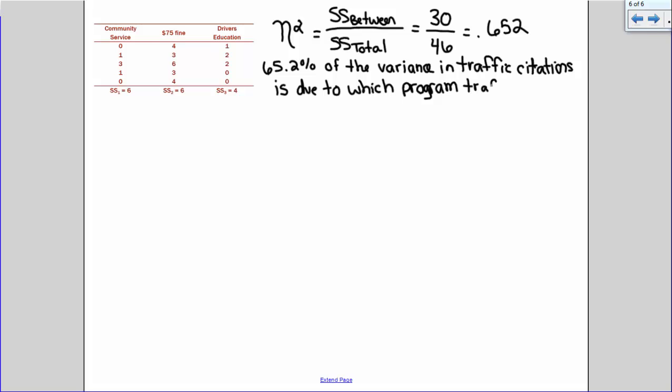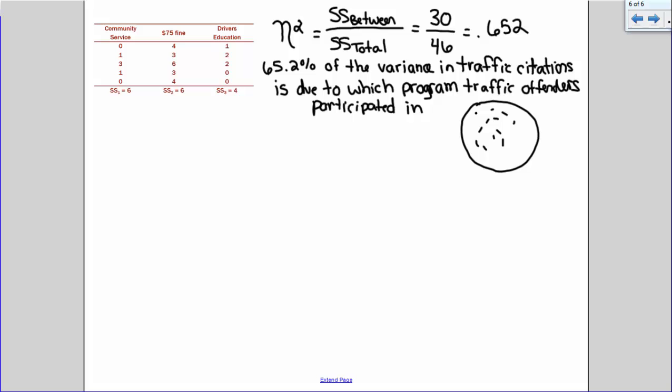I'm going to call them traffic offenders now instead of just people. So if we drew our delicious pie of differences in traffic citations, yummy, 65.2% of all those differences can be accounted for by the program. And then the remainder of those differences are due to something else other than our independent variable.